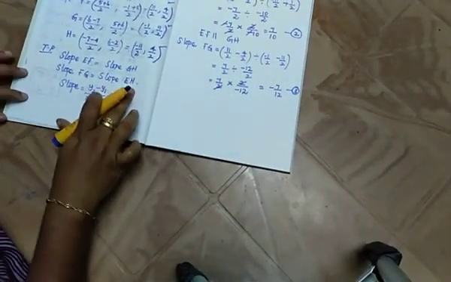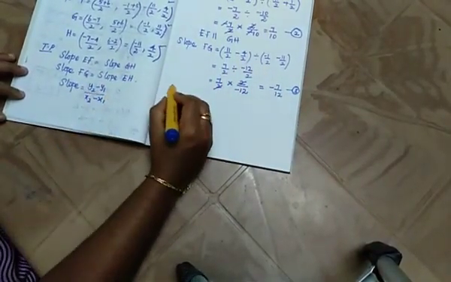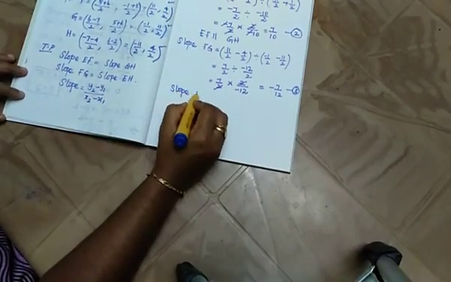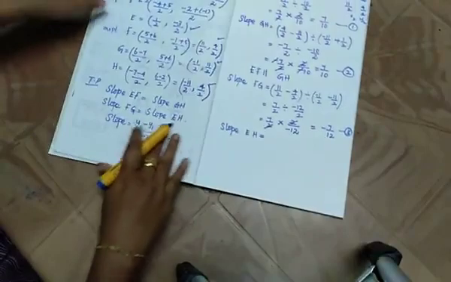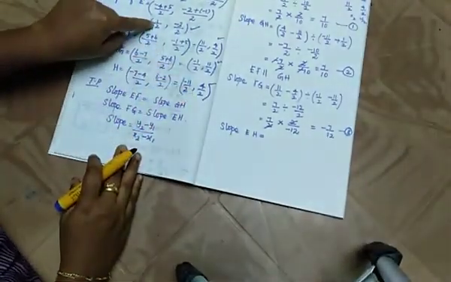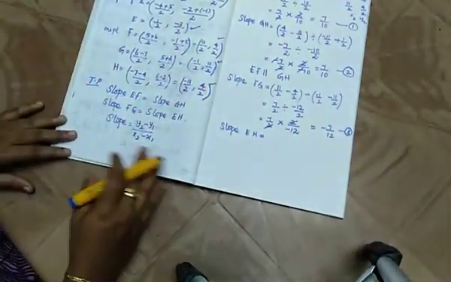Now let's see whether slope EH is also the same. So slope EH means E and H, that is x1, y1, x2, y2, isn't that?